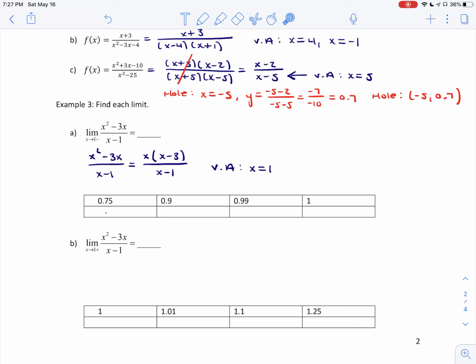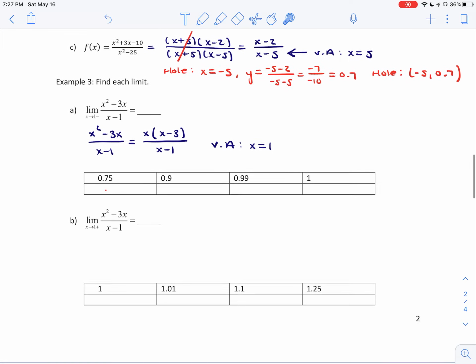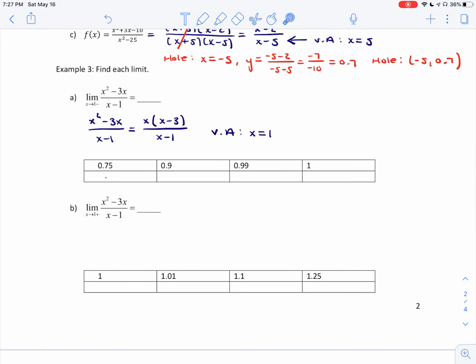In order to figure out if it's a positive or a negative, we're just going to make a little table, plug in some points, and see what our y values appear to be approaching. So since we're looking at the limit as x approaches 1 from the left, I went ahead and picked a few x values here just to the left of 1.